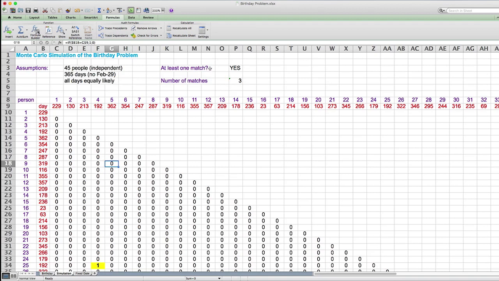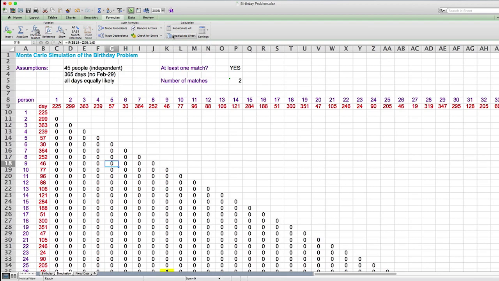Now at the top here, I count the number of matches that we have in our spreadsheet. And now I can recalculate the sheet, either by clicking a button here or on a Windows computer, easily F9. And I create 45 new birthdays, a new party, 45 new people, and I check, is there a pair?